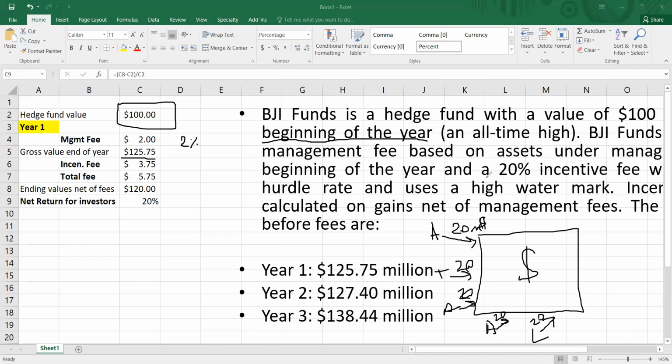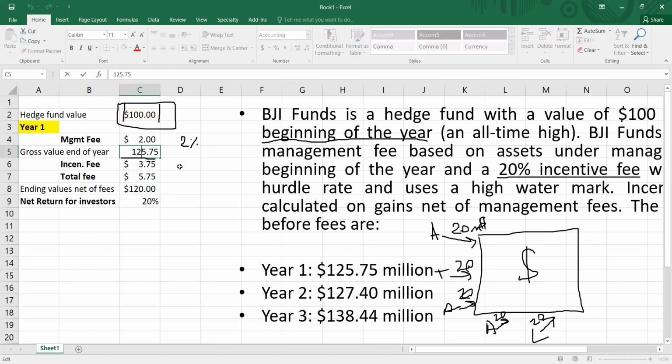So my appreciation is a 20% incentive fee. As a manager, I receive it from the earned money, not from this value, but from the difference between 125 and 100.